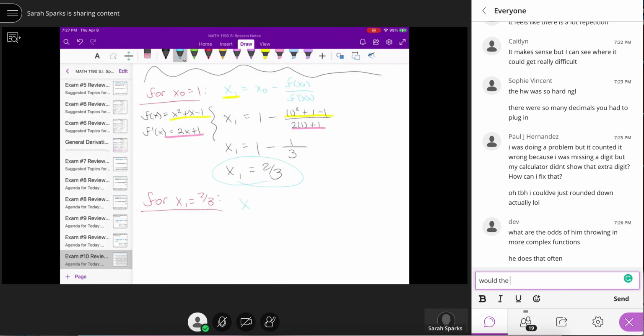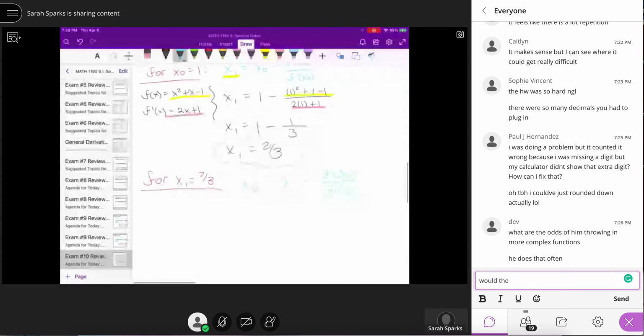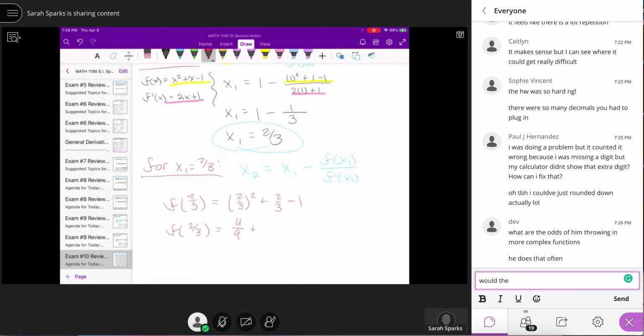So writing down the other equation, we have x2 is equal to x1 minus f of x1 over f prime of x1. Alright, so we know our x1 is 2/3. Let's calculate those outside, since we do have a fraction this time. So f of 2/3 is going to be 2/3 squared plus 2/3 minus 1. So f of 2/3 will be 4/9 plus, I'm going to multiply that 2/3 by 3/3 to get 6/9.